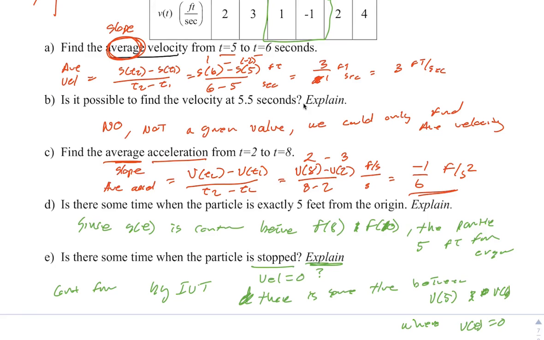So yes, by IVT, there must be some time where it crosses. I could go more into it, since it feels formal: since v of 5 equals 1 and v of 6 equals -1, it must cross 0 at some point.